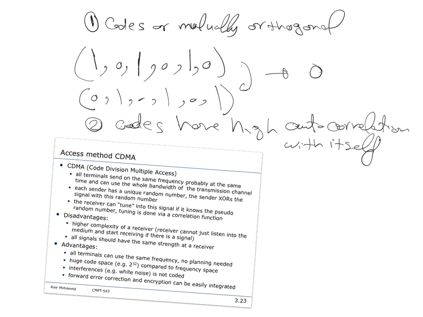What does this mean? If you multiply the code by itself, the answer is very high. But if you multiply this code by any other code, the answer is 0. So these codes are mutually orthogonal, but individually highly correlated.